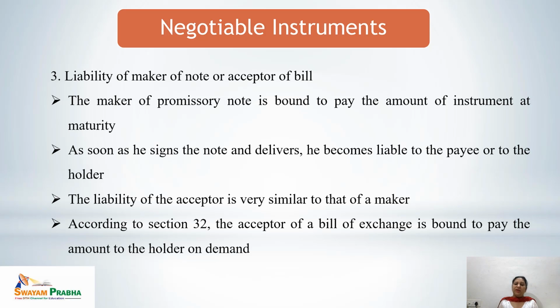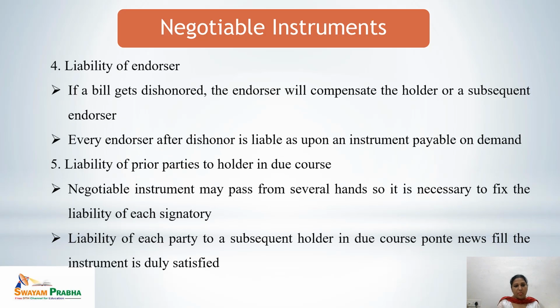And the liability of the acceptor is very much similar to that of a maker. According to Section 32, the acceptor of a bill of exchange is bound to pay the amount to the holder on demand. Promissory note, if it has matured, is to be paid on demand.